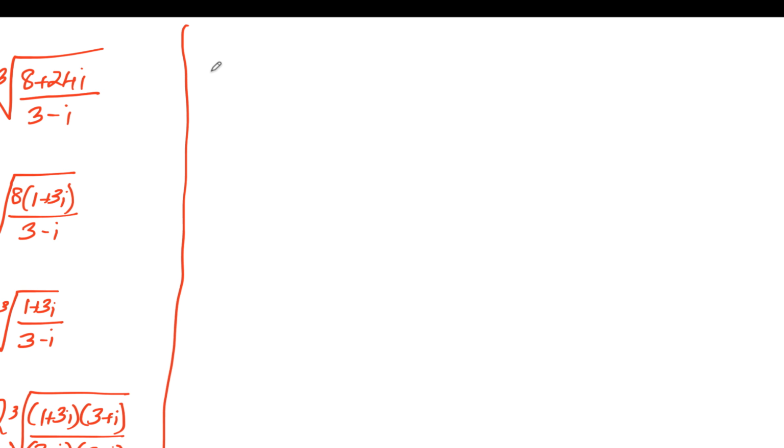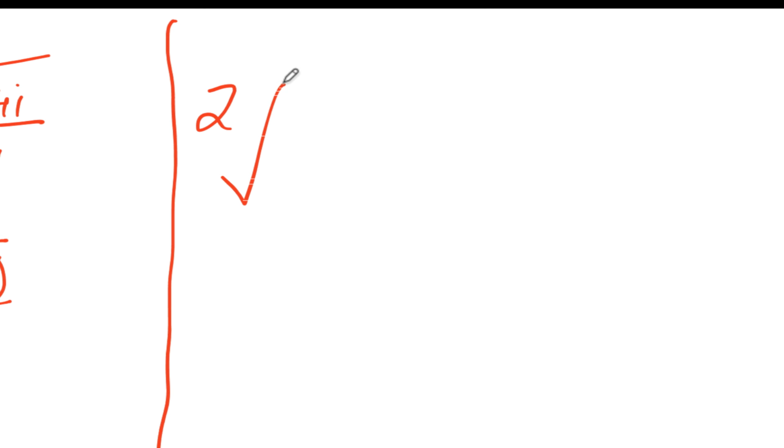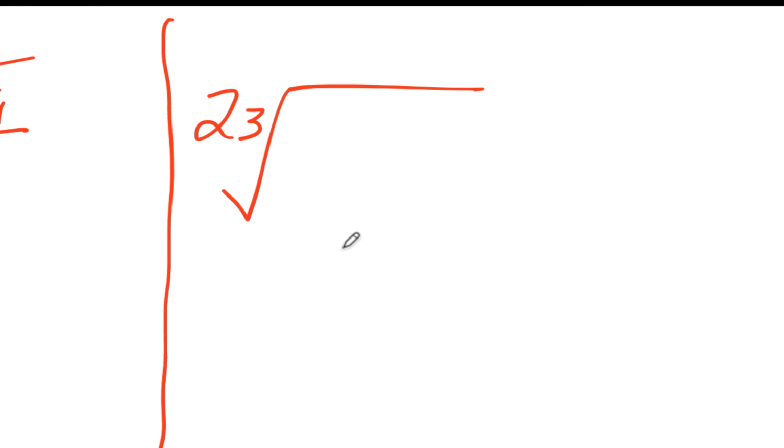So what we have got till now is 2 into the cube root of, so let's add these expressions now. We have 3 plus 9i, so we have 3 plus 10i now, right? 9i plus 1i is 10i.